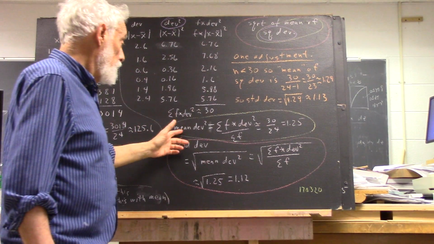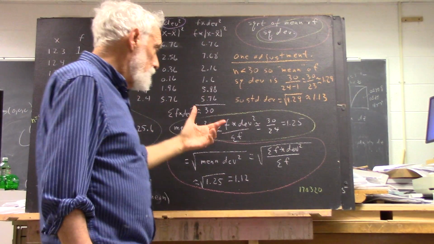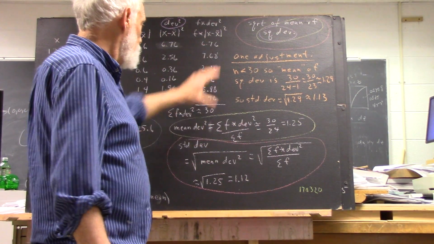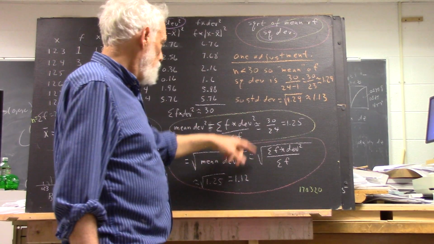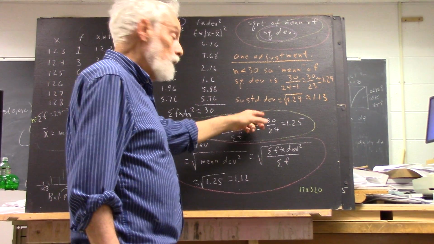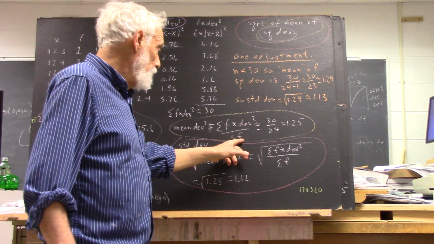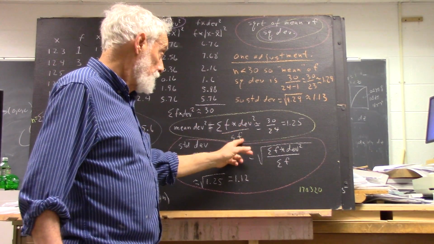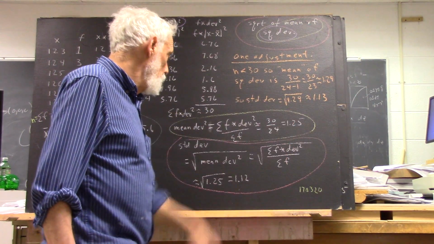Okay, then we calculate the mean of our squared deviation, and there's a little caveat that we'll talk about here. We divide our total of our squared deviations, 30 in this case, by the sum of f, or by n, which is the same as the sum of f. That would be 24. And we get 1.25.